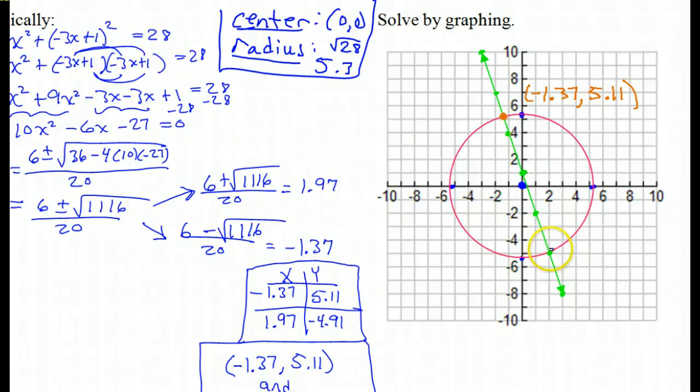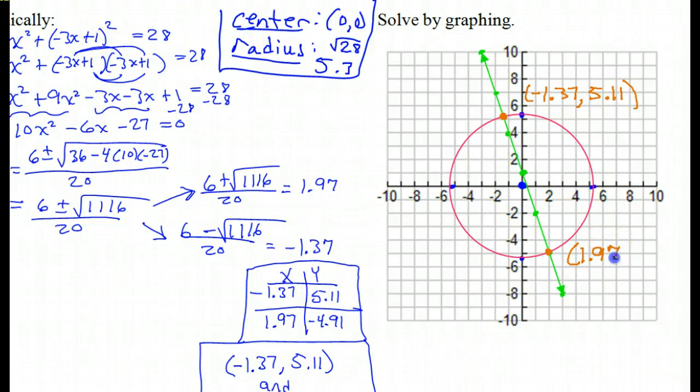Now this one seems to be something very close to 2, negative 5. Very close. This intersection point is right here, not exactly, but it is 1 point something.